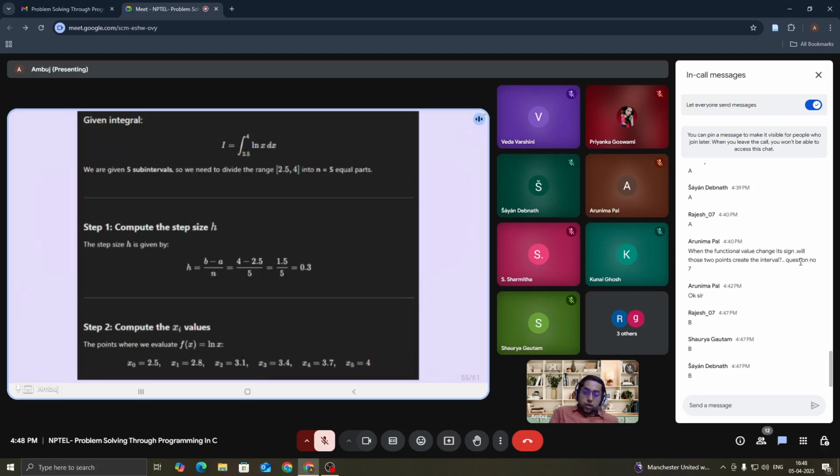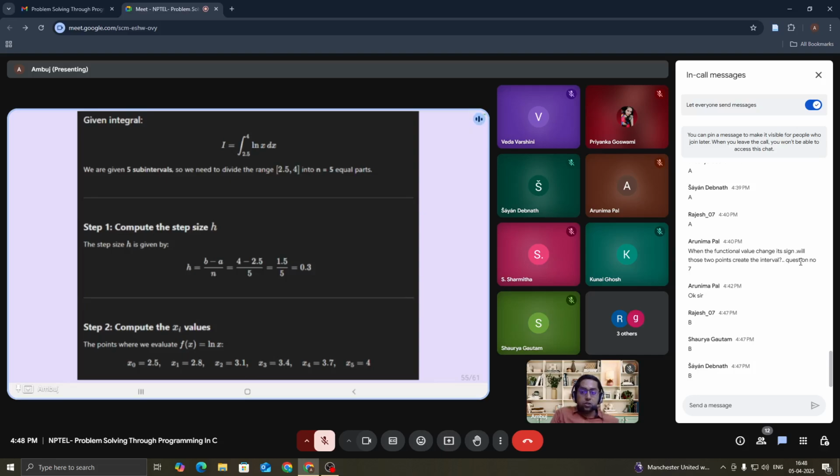Either you will be provided the number of subintervals or you will be provided directly the value of step size, that is h. So h I will calculate here, which is (4 minus 2.5) divided by 5. 4 minus 2.5 is 1.5. 1.5 divided by 5 is 0.3.